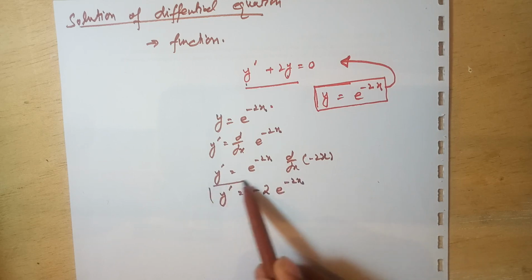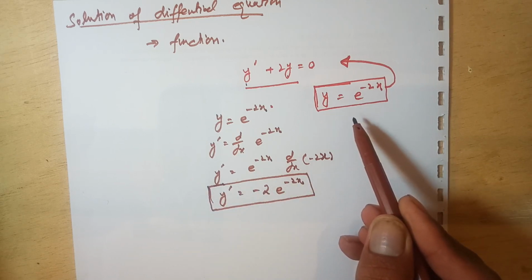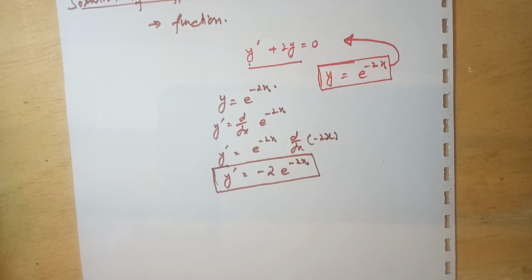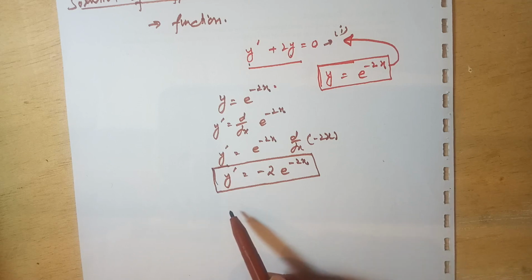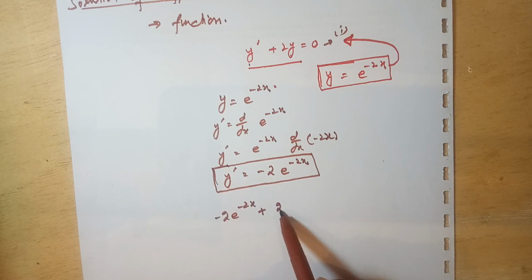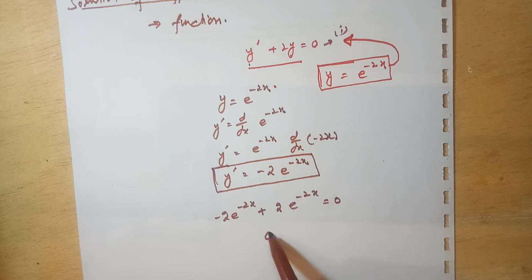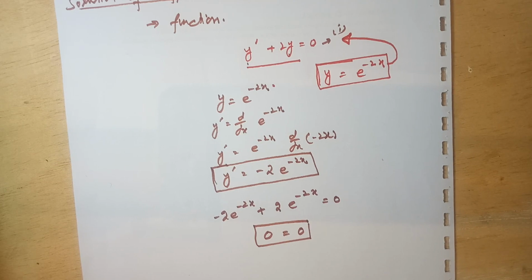This is the first derivative of the function which is given as the solution of the differential equation. Now put the value of y and y prime in my equation 1. We are getting minus 2 e power minus 2x plus 2 times y, which is e power minus 2x, is equal to 0. Simply, the terms cancel each other. So yes, this is the solution of the differential equation.